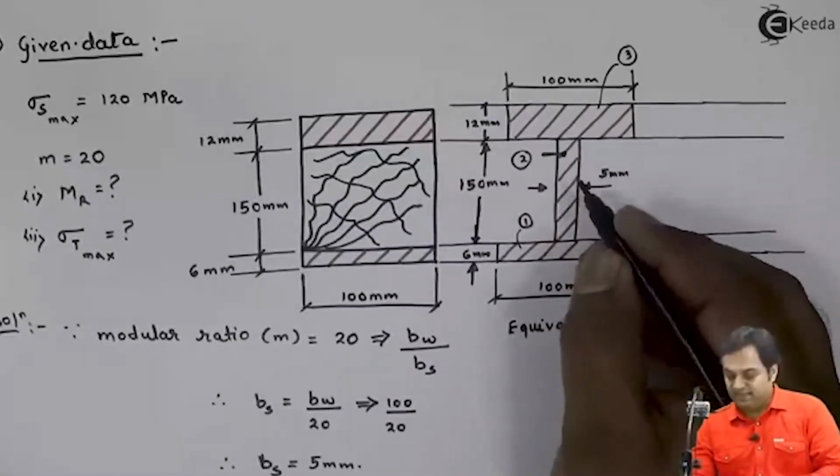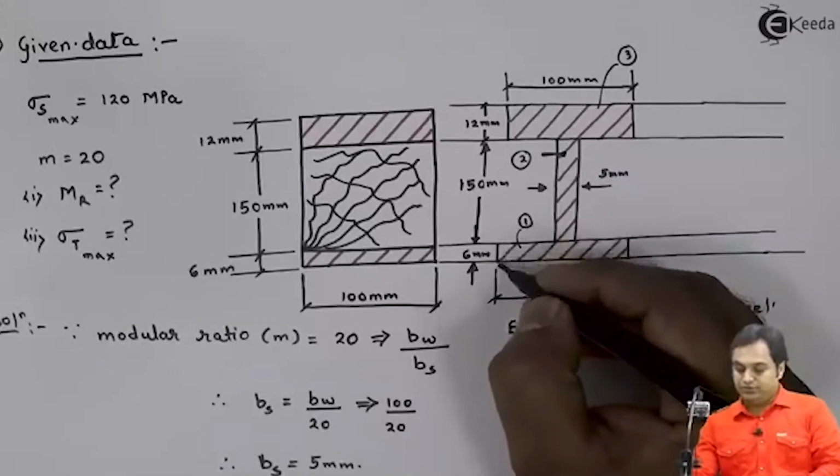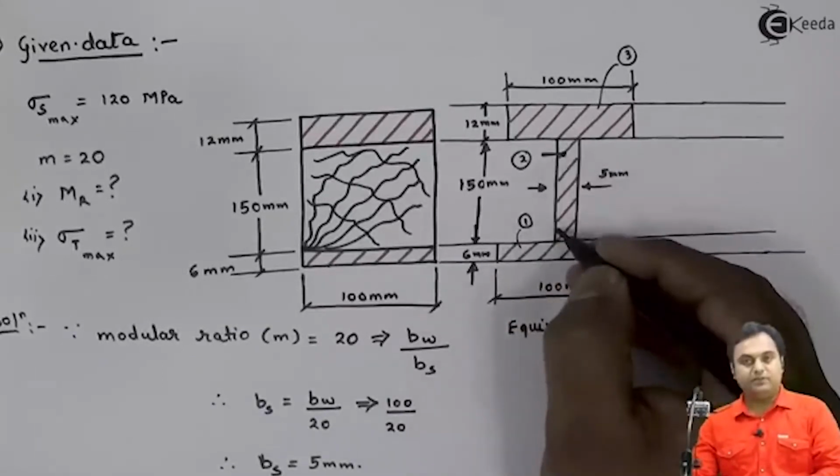The second rectangle, as we see, starts after 6 mm, so it is 6 plus 150 by 2.